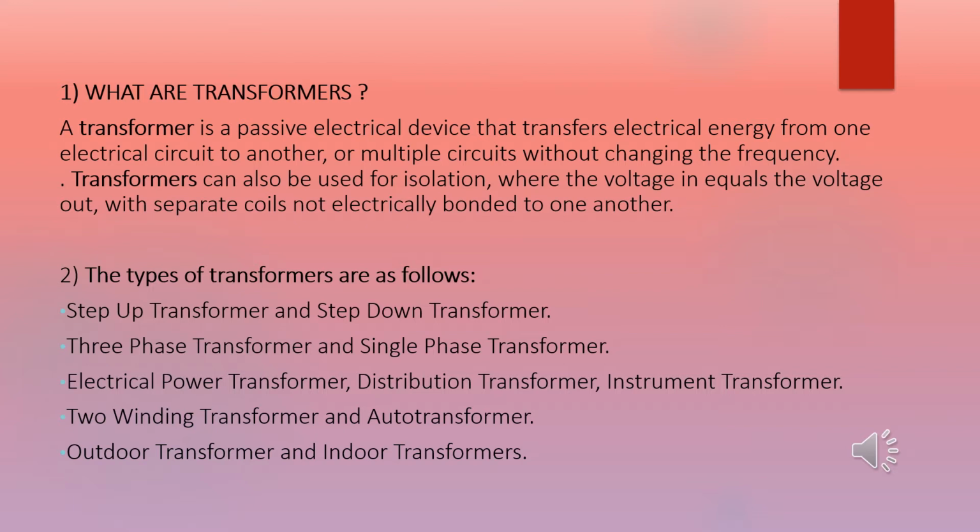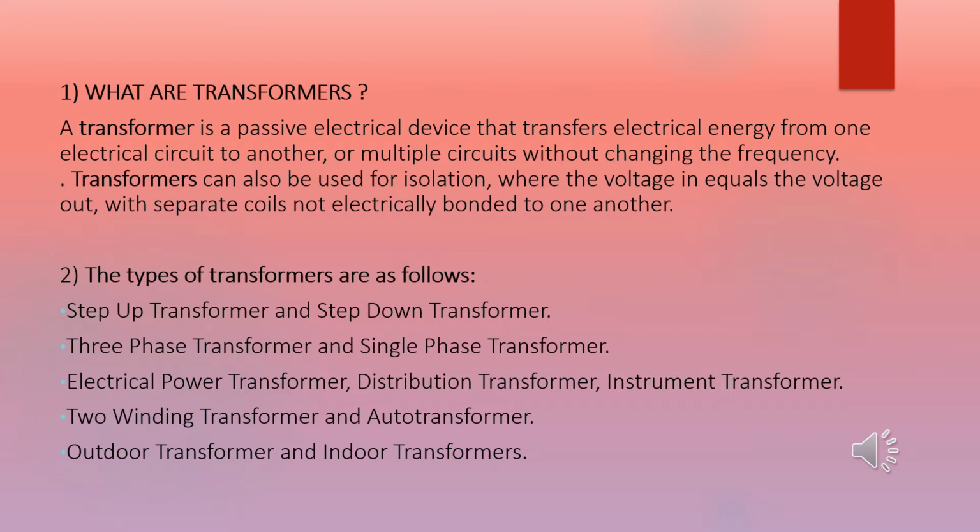So here the voltage that is given as input to the transformer will be the same or equal to the output voltage that is taken at the output of the transformer. Here separate coils are there. These are not electrically bound to each other, meaning you will have two separate electrical coils. One will act as an input coil and another will act as an output coil.